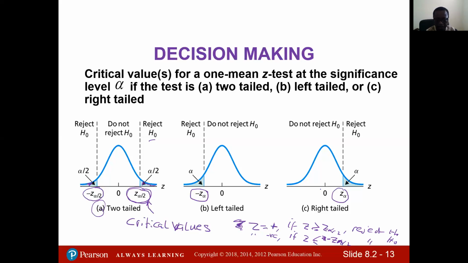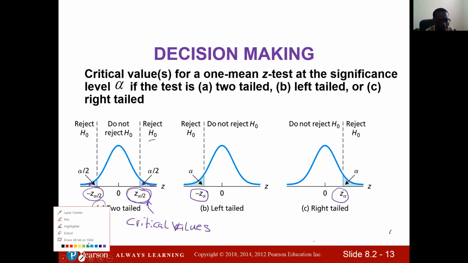Now, if you have a one-tail test, this is what happens. If you have a left-tail test, look, the rejection region is on this side, so we compare with the negative critical value.